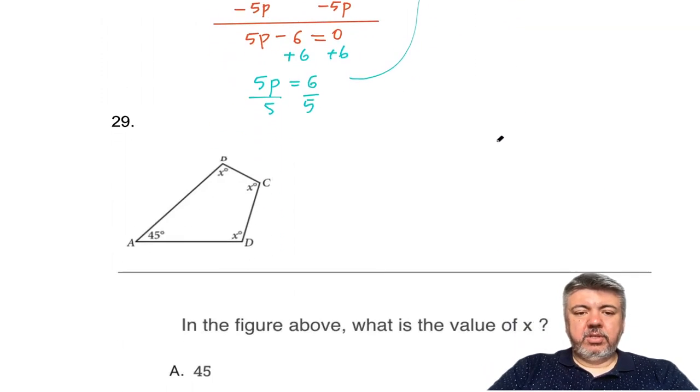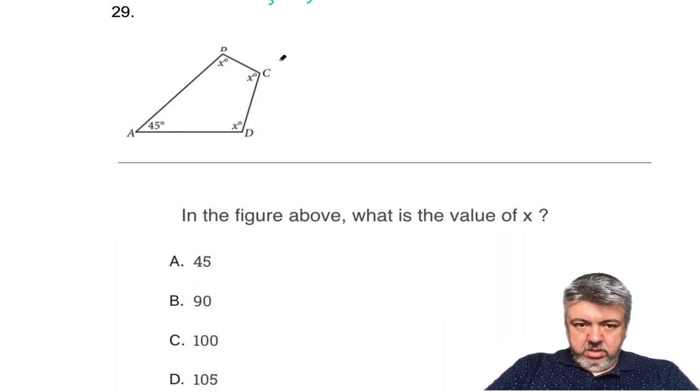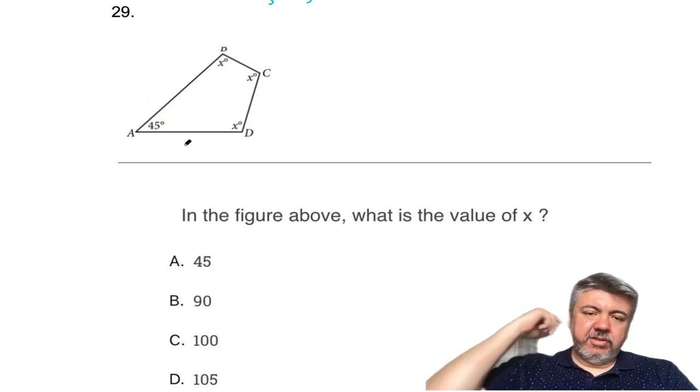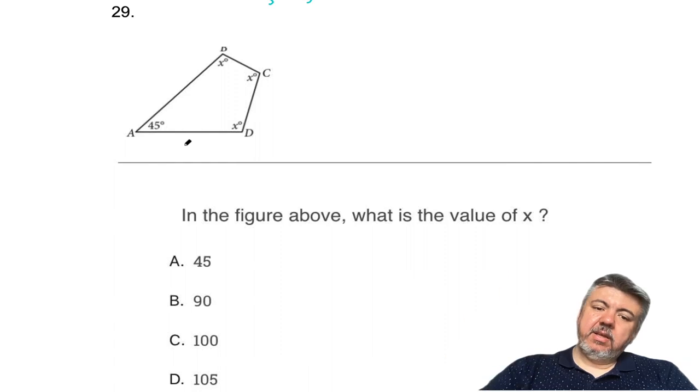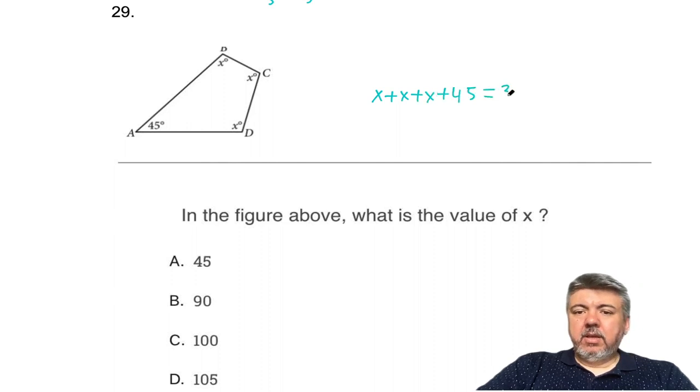Okay, question 29. Okay, A, B, C, D. I see the angles. Their sum is going to be 360. So it's x, x, x plus 45. It's 360 degrees.